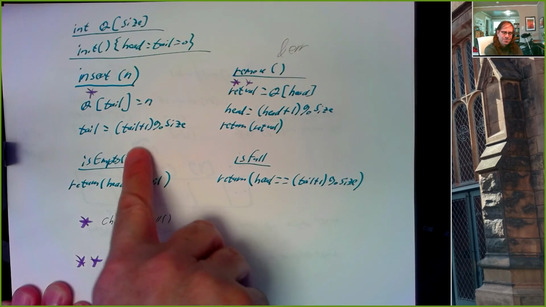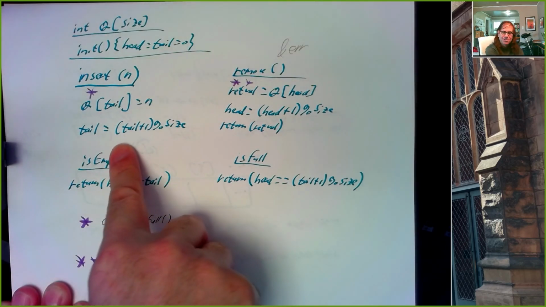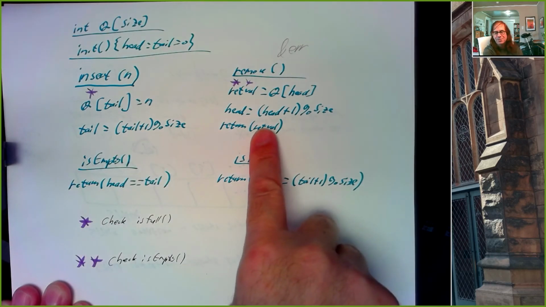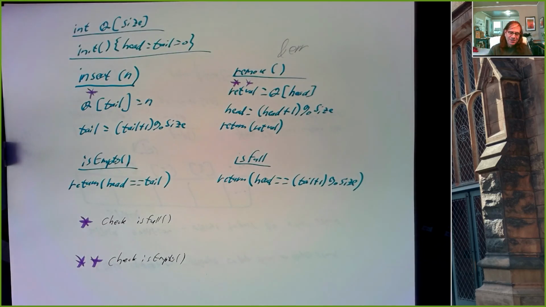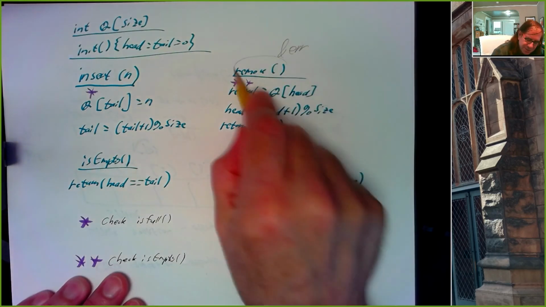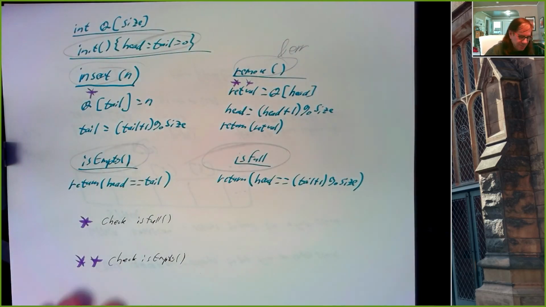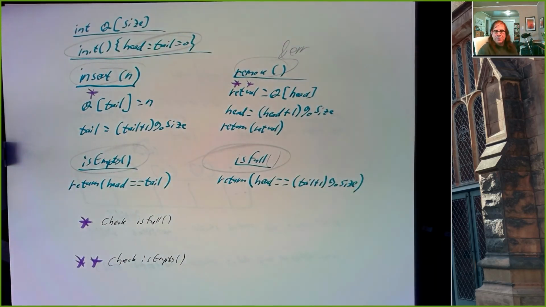This would be inserting something between a sentinel node and the thing it points to. This would be removing the thing the sentinel points to and changing the sentinel to point, etc. But these functions would be the same in terms of how we call them, what we expect the behavior to be.